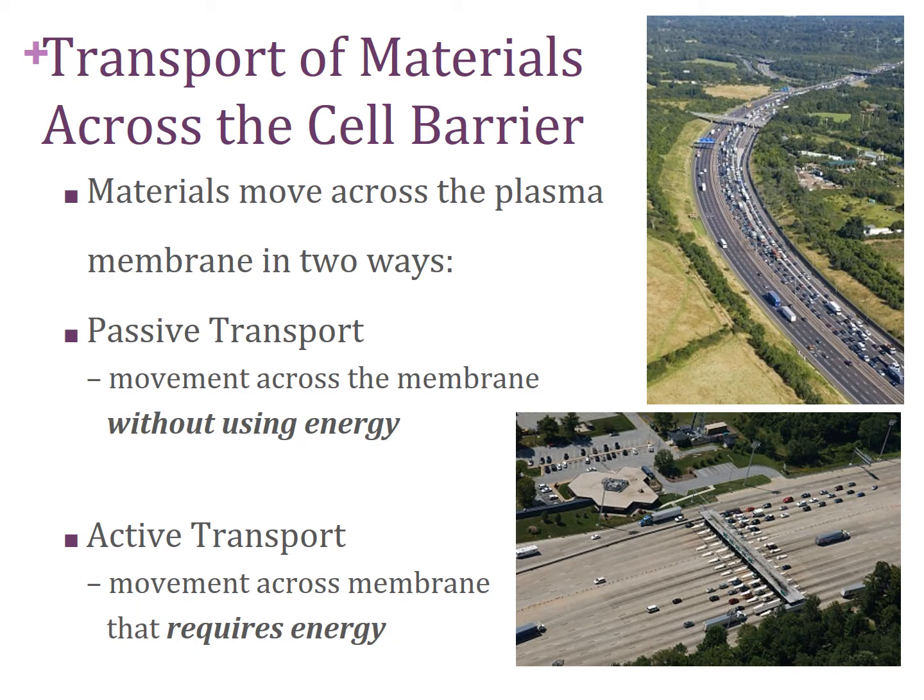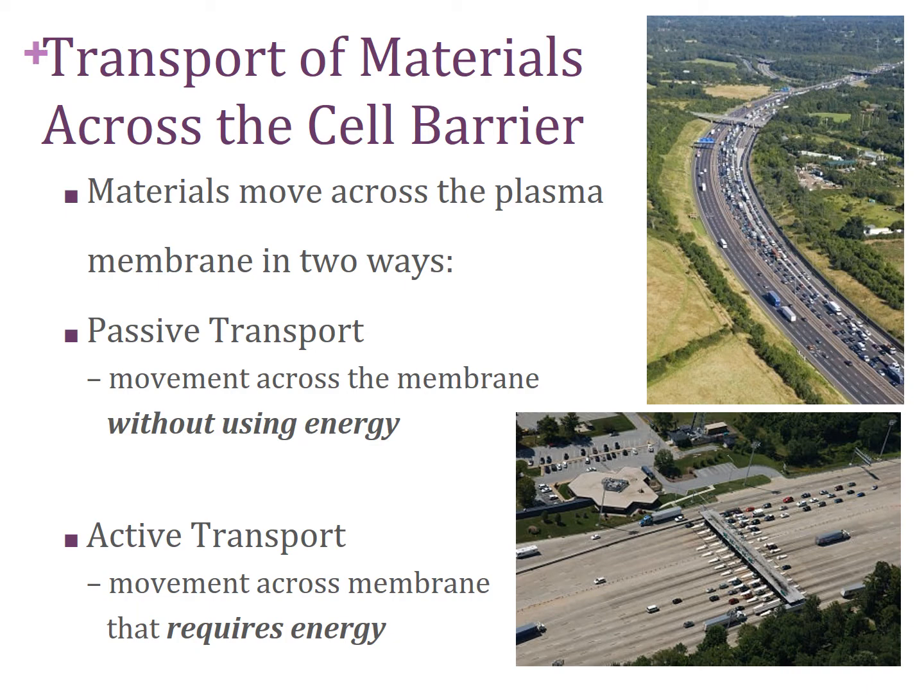At the top is a highway like what we have in Cincinnati. Cars can move freely about the highway without having to stop and pay. In other states like Illinois and New York, there are these things called tolls. So as cars move along the highway, they have to pay to actually get through the toll area. And that helps to provide revenue for the city. Well, transport of materials across the cell membrane is very similar.